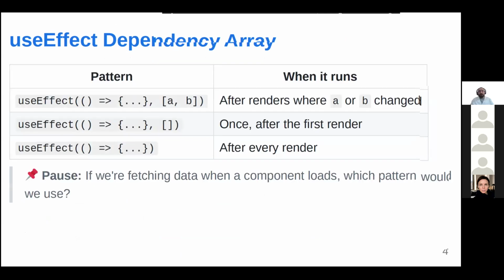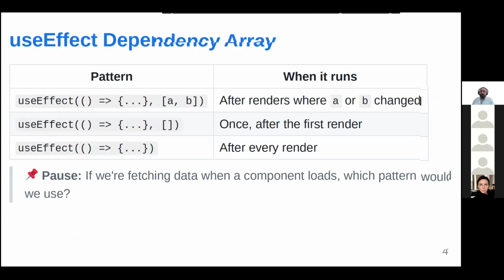So the most important part of useEffect is the dependency array. It controls when the effect runs. If the array is empty, the effect runs only once. This is useful for loading data from an API when the component starts.